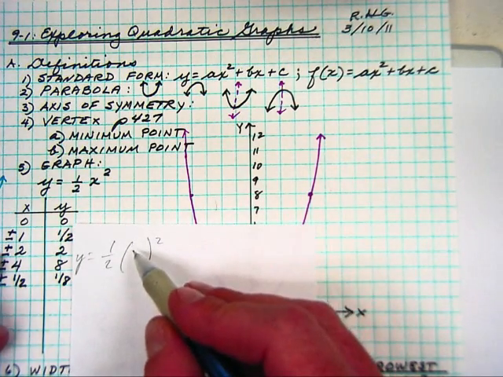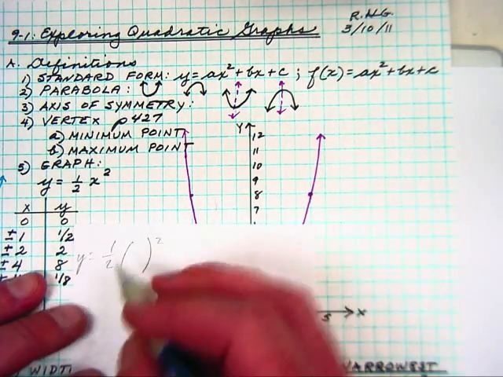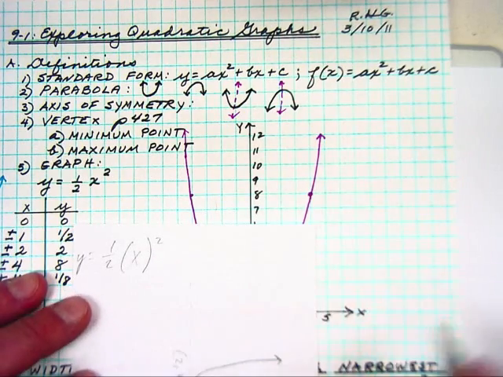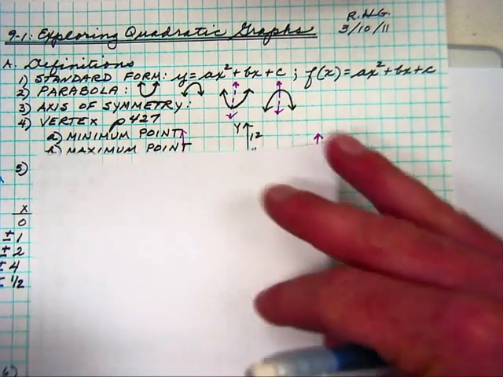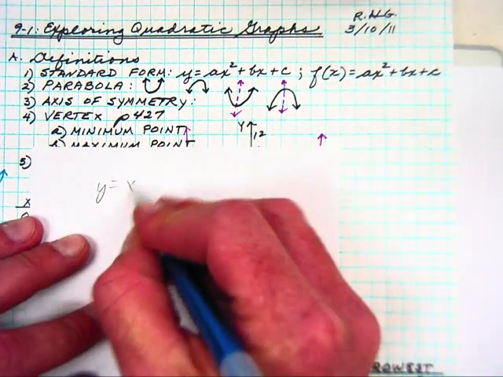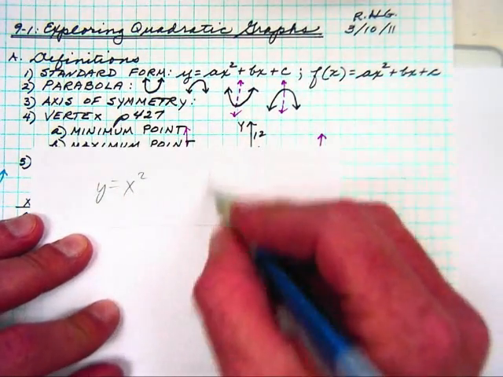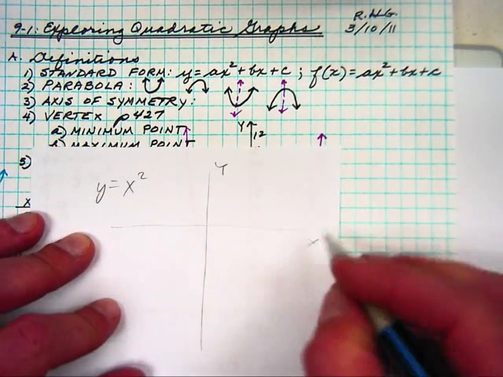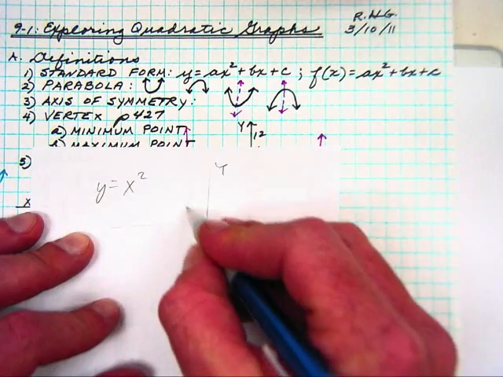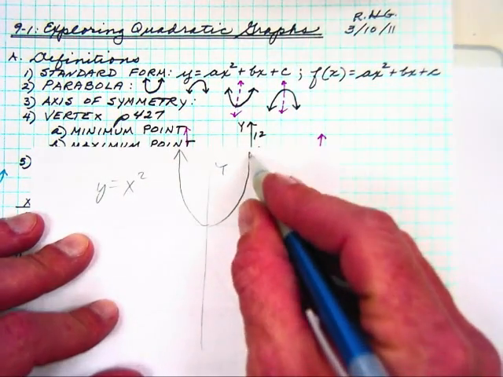What this 1/2 is actually going to do when you graph your parabola, versus let's say we just had y equals x squared. I'm going to start a little new page here. If I said y equals x squared, if that's our x and y axes, it's probably going to look something like this.